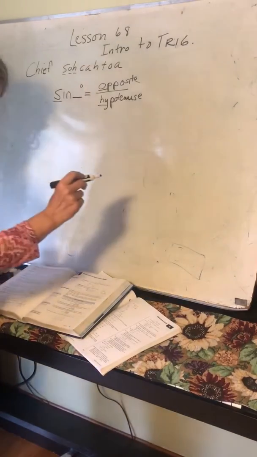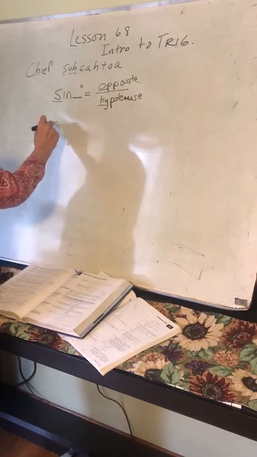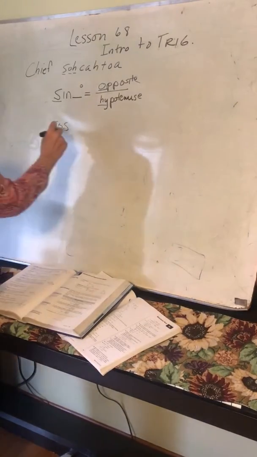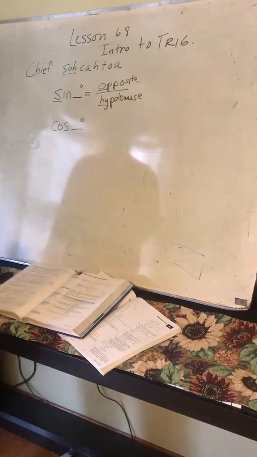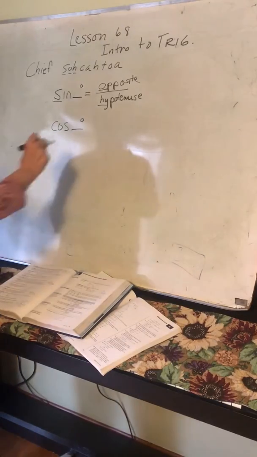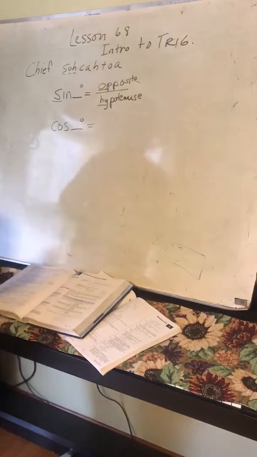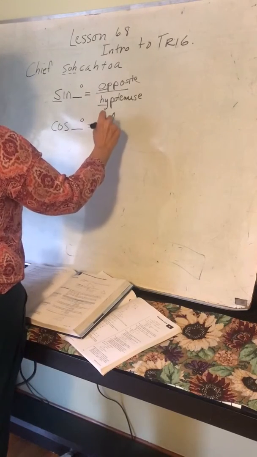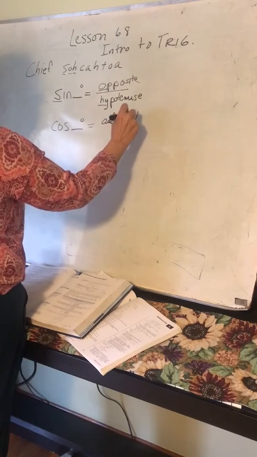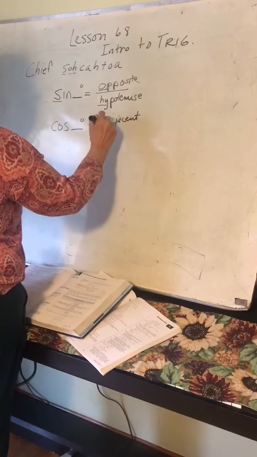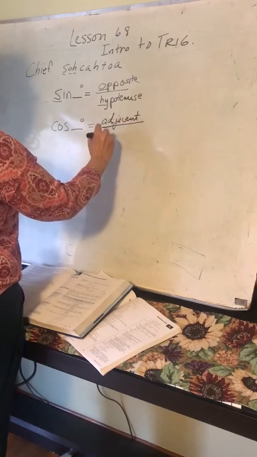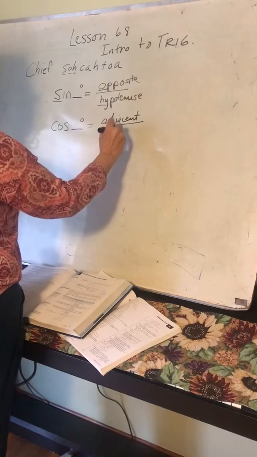Then we have cosine, and we just abbreviate it like that. The cosine of a specific angle is the adjacent side measurement over the hypotenuse.